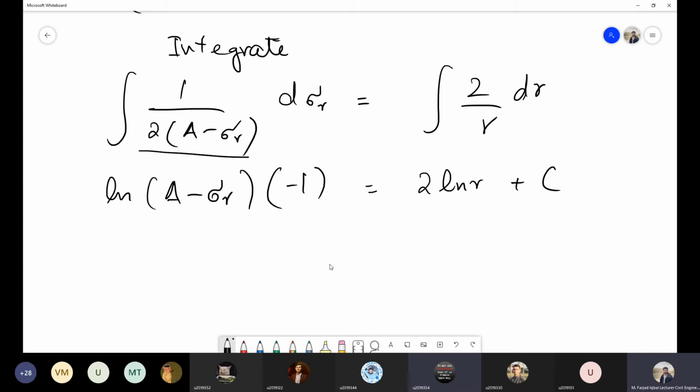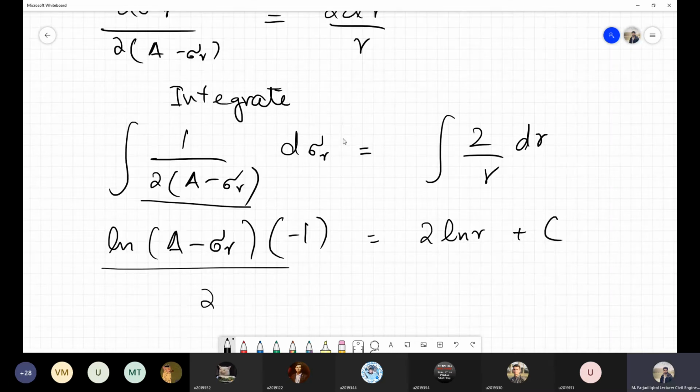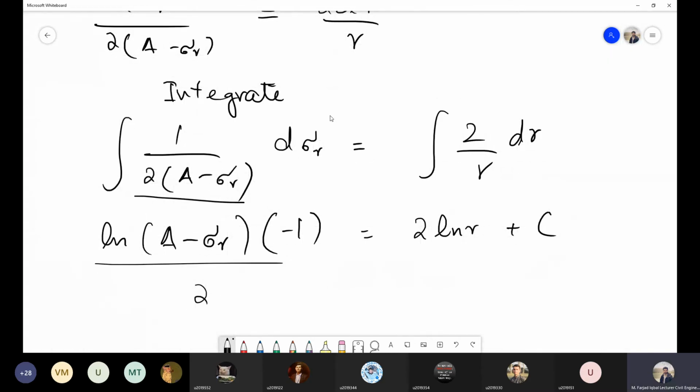Student: Sir, you missed the 2, it will not be divided on the left hand side. Okay, yeah. We have this 2 factor as well on this left side. So let's just keep it over here.